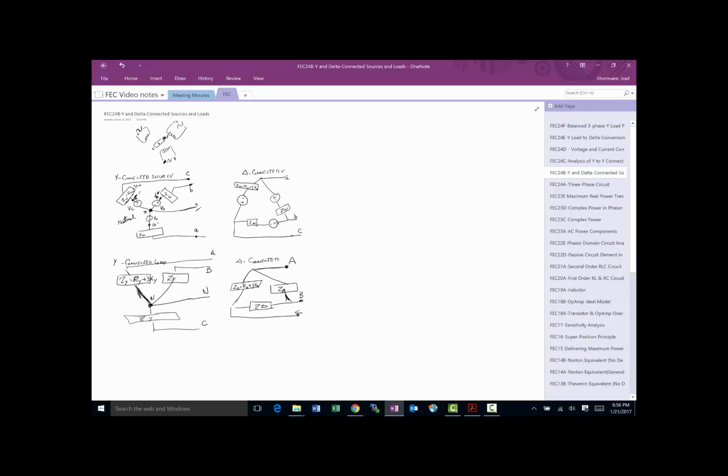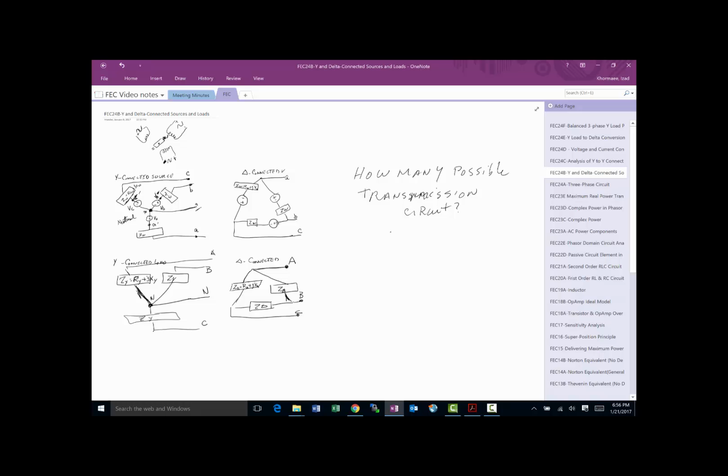Now the question is how many possible transmission circuits can you have? How many different possibilities can you have? Well, I could have four.